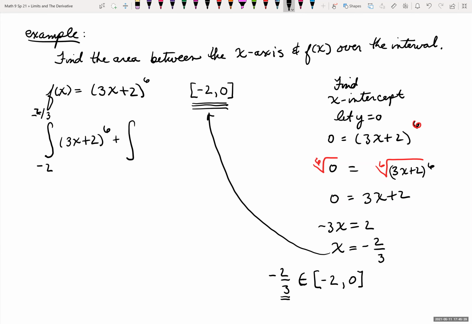Plus, now we're starting at the x value of -2/3, and then we're going to the x value of 0 of f of x, which again is 3x plus 2 raised to the 6th power. And I need to put dx after each integrand.